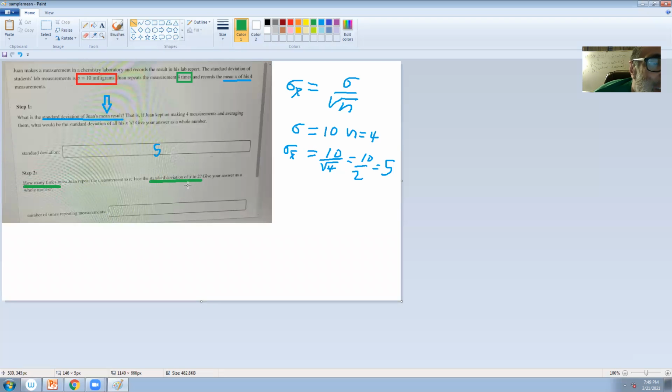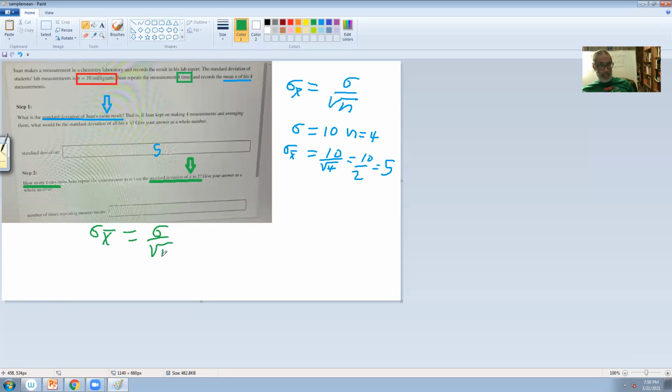Well, now let's take a look at the standard deviation of a sample. Using green, what we want is the standard deviation, which is sigma over the square root of n.